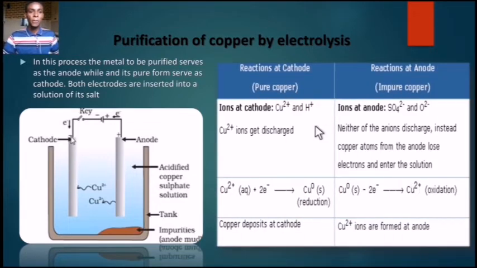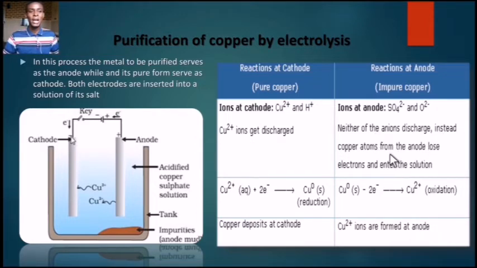So in the table, we have reactions at the cathode, pure copper, and reactions at the anode, impure copper. Let's see what happens. Ions at the cathode, just like we saw, are the copper ion and the hydrogen ion, because water or acid is present there. And ions at the anode, we have SO4 and OH, added for one reason or the other. But neither of the anions is discharged.